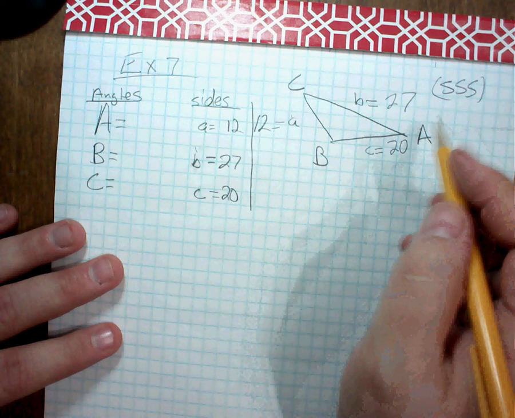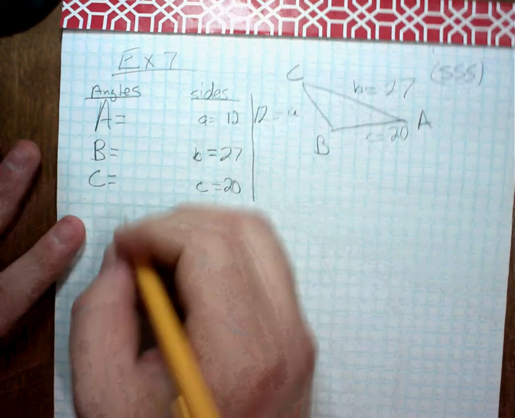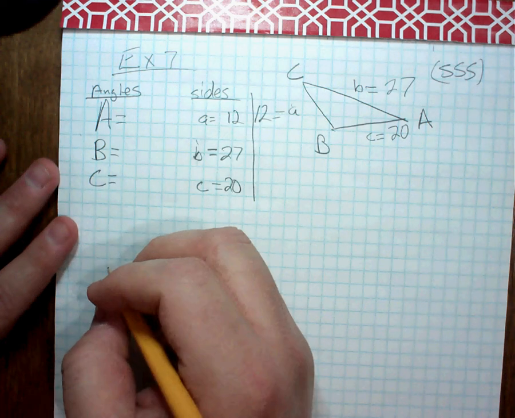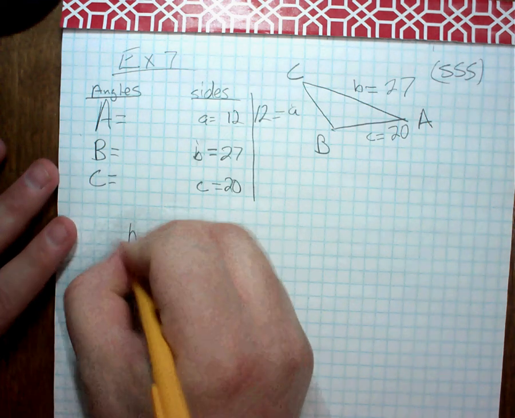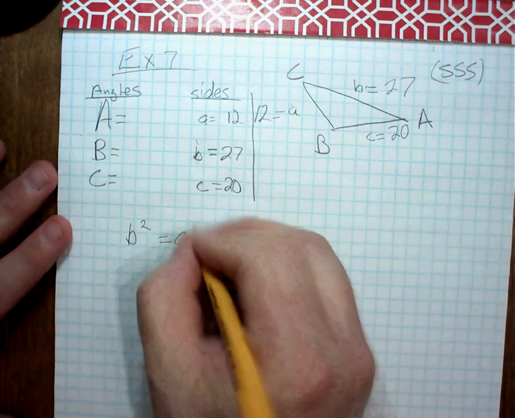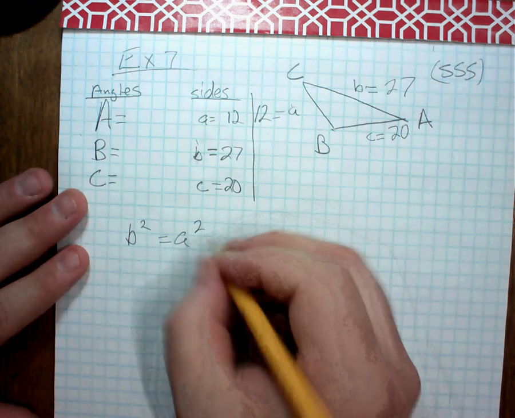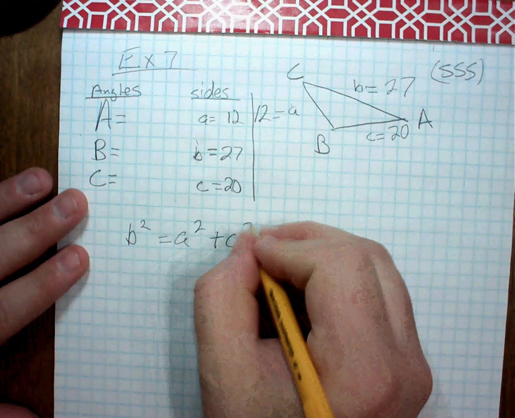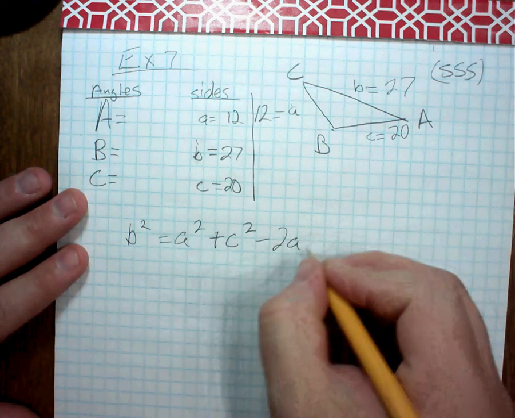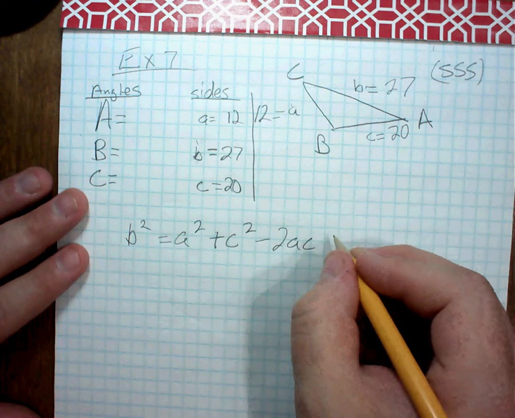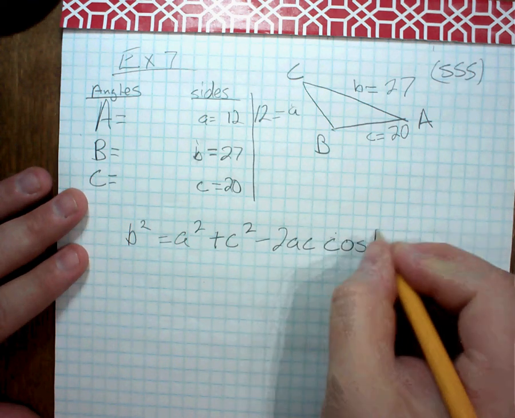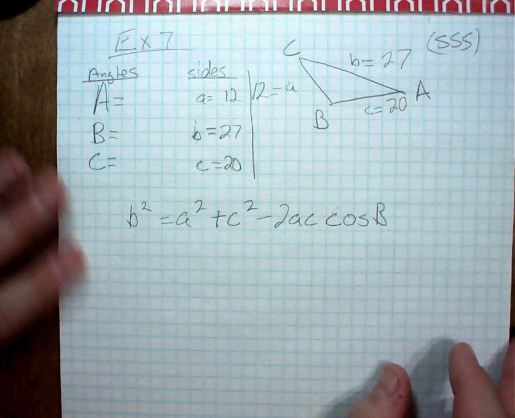And we don't have any angles. So we can find any one of the angles by using the law of cosines. So I'm going to say B squared is equal to A squared plus C squared minus 2AC cosine of B. Alright?